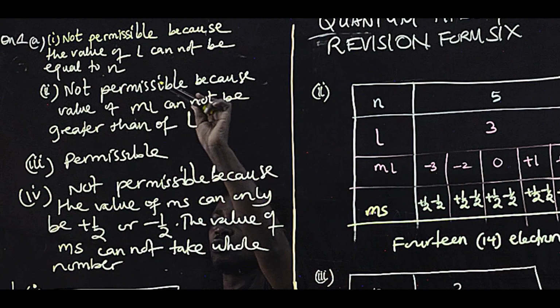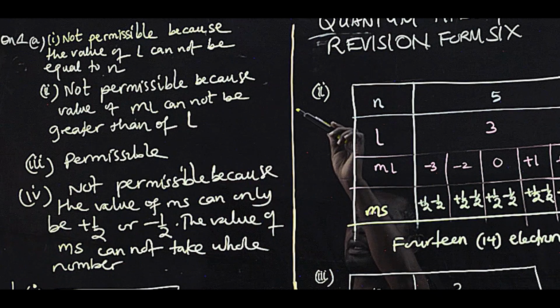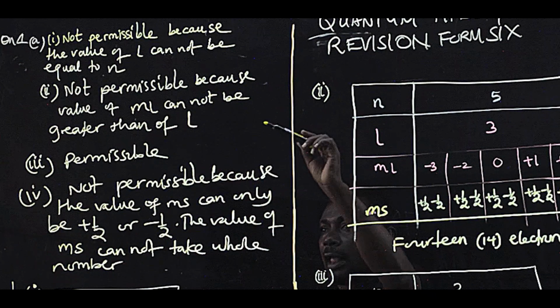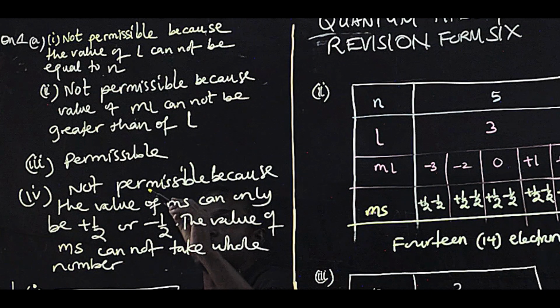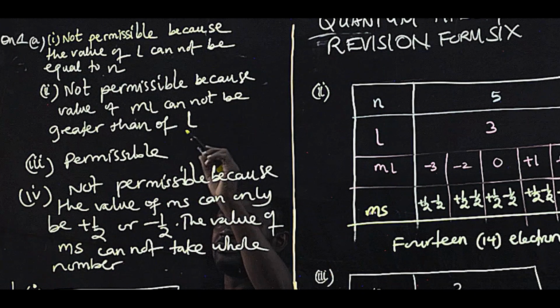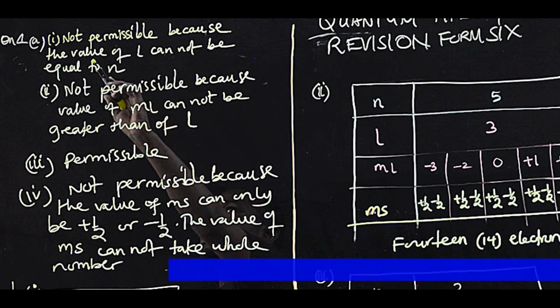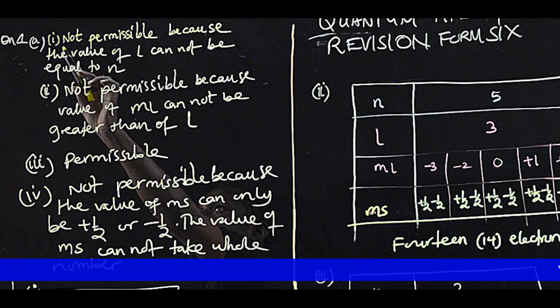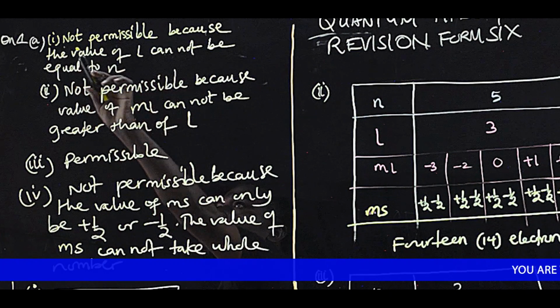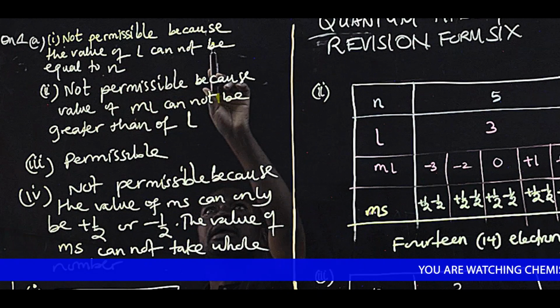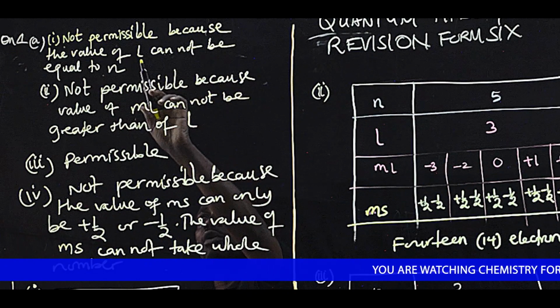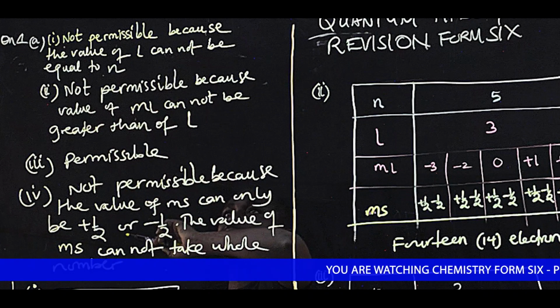So if n is equal to 1, l is equal to 1, it means that the value of l given in our question is equal to the value of n. So the given 4 sets of quantum numbers are not permissible. Why? The reason is that the value of l cannot be equal to n.